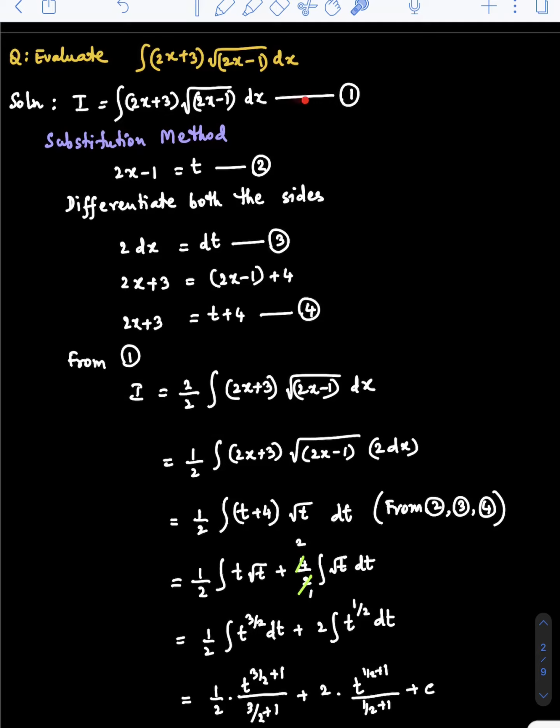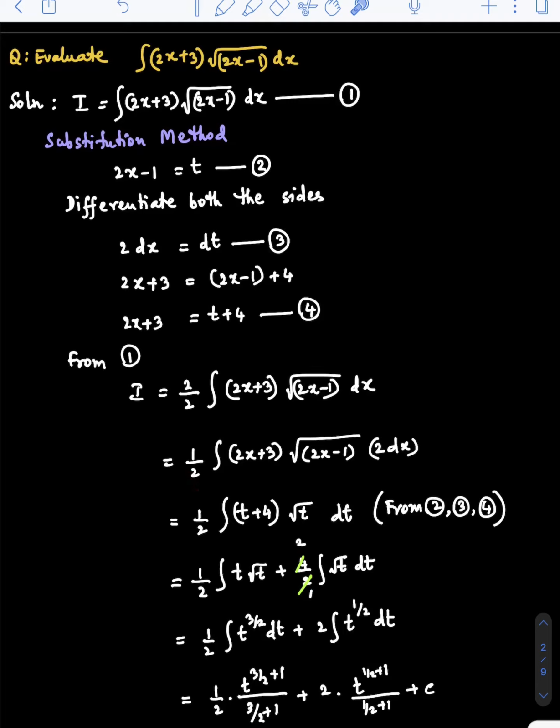Now take equation 1 first. In equation 1, for 2 dx, we have to divide and multiply by 2. So 2 by 2. After cancellation we get 1 only. But we don't cancel it. We want 2 dx. That's why 2 by 2. And the remaining is the same. Next step, this 2 is taken inside.